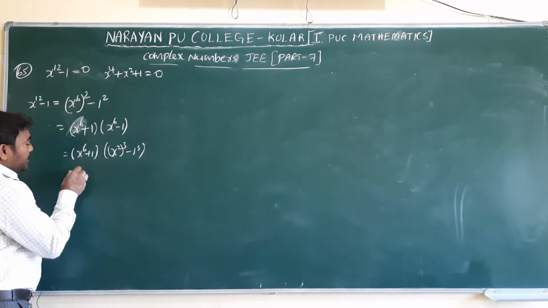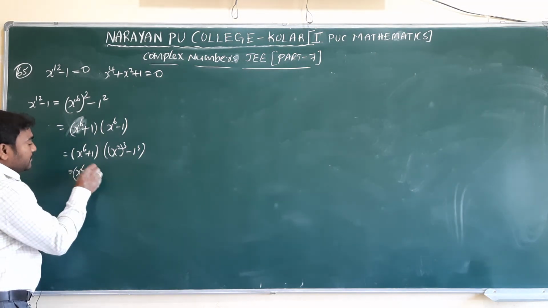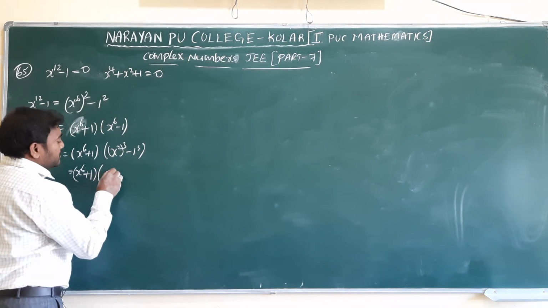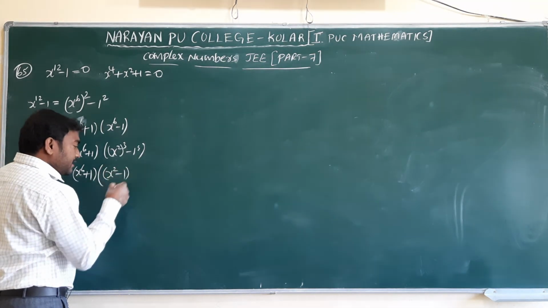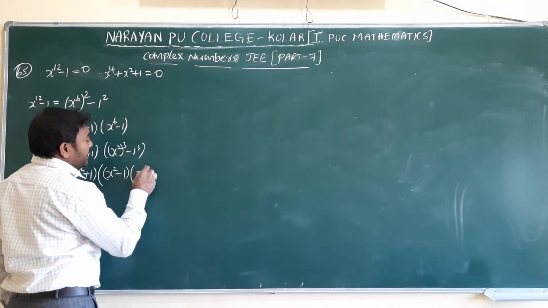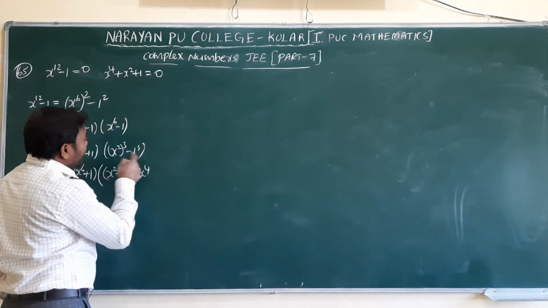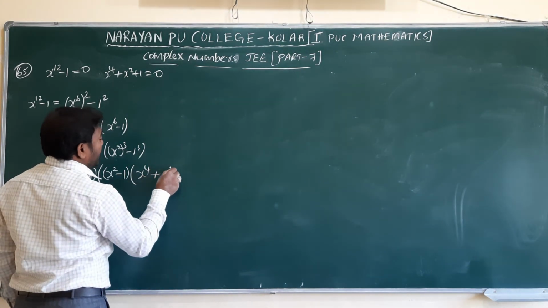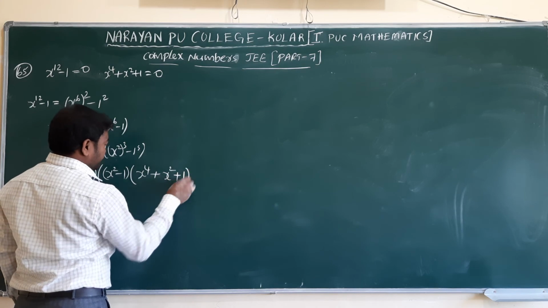Now it is a form of the a cube minus b cube formula: x square minus 1, a minus b, into a square, (x square) whole square, x power 4, plus ab, a value x square, b value 1, x square, plus b square.